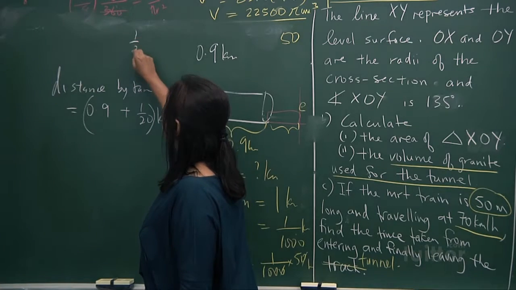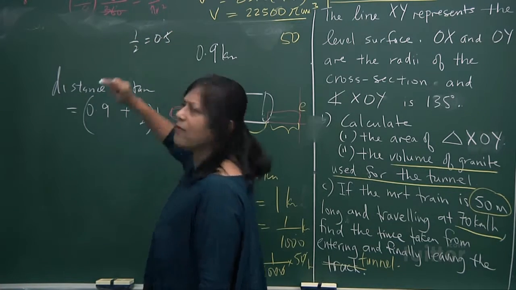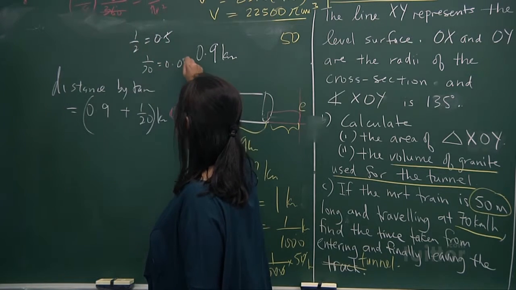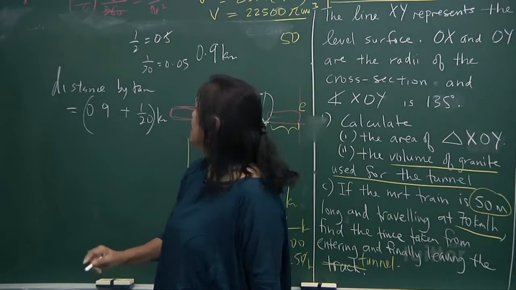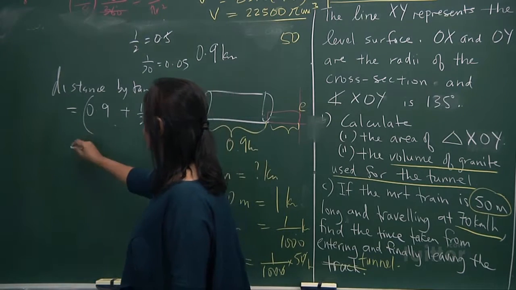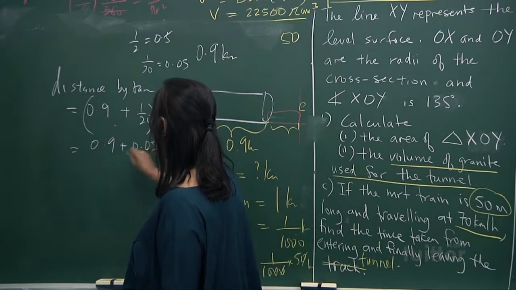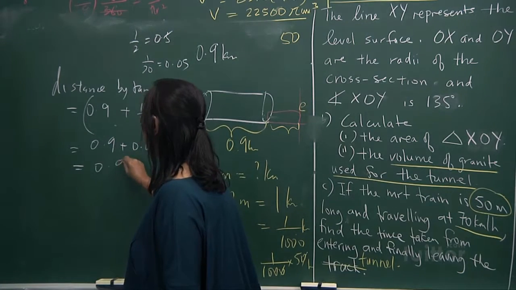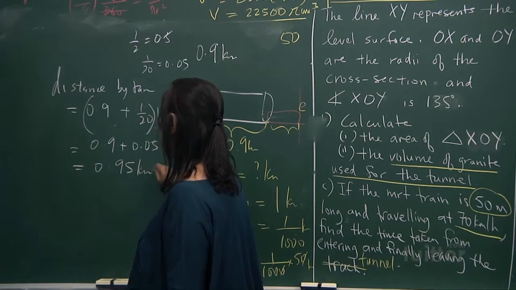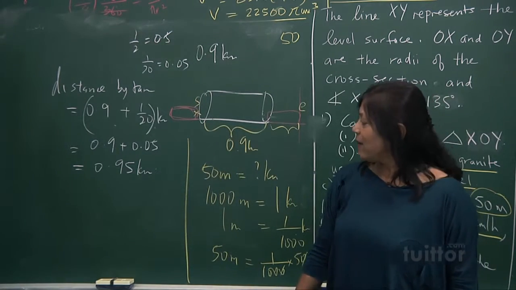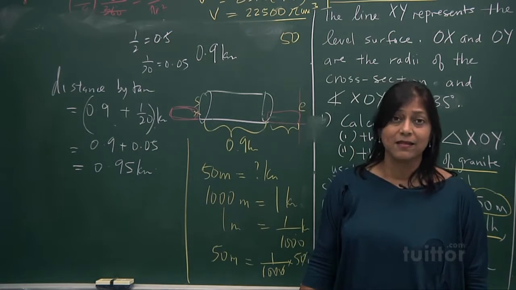You know that 1 over 2 is 0.5, right? 1 over 20 is 0.05. So you add 0.9 plus 0.05, which gives you 0.95 kilometers. Now this is the distance.